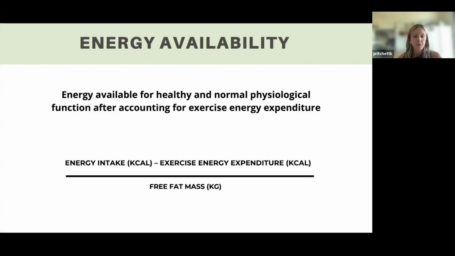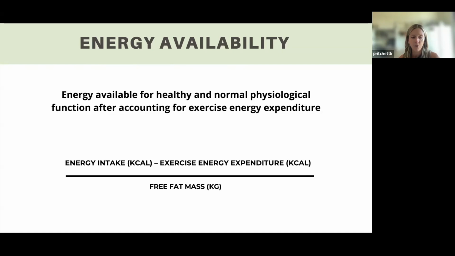And so this concept of energy availability describes a situation where we look at energy intake, or the calories consumed, and exercise energy expenditure divided by the athlete's mass in kilograms, or their fat-free mass in kilograms.